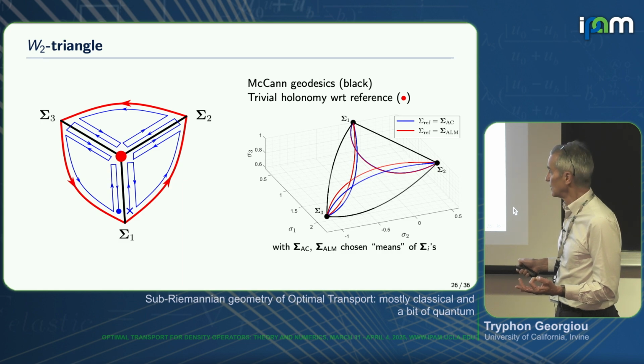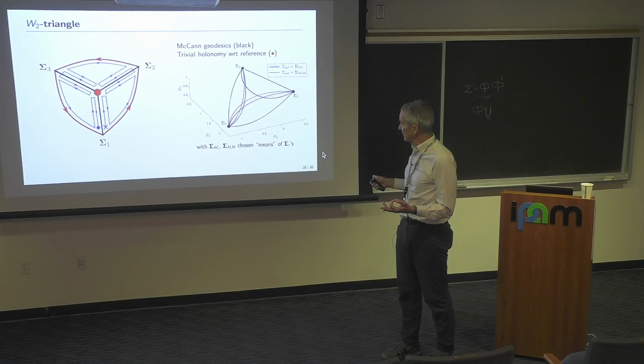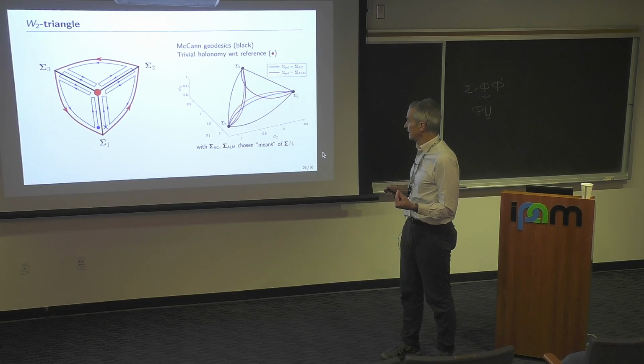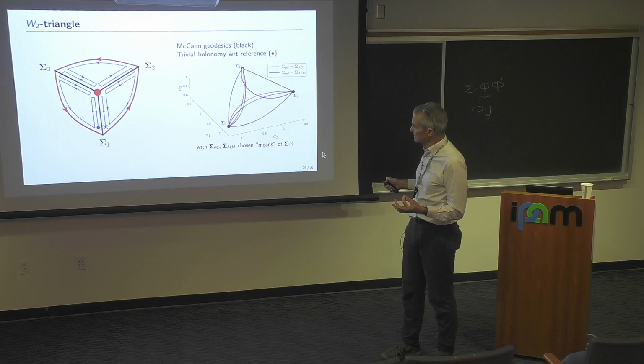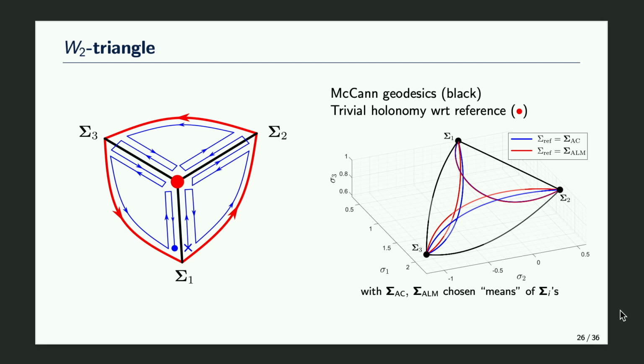But then you said in the picture there, the black was the geodesic, which means the black is not preserved. The black is right. The black is not. So if sigma 1 has coefficients sigma 1,1, sigma 1,2, this is a 2x2 matrix, so it's specified by 3 numbers. If you go with a McCann geodesic, this is the path they take, and those are the paths for the McCann geodesics.